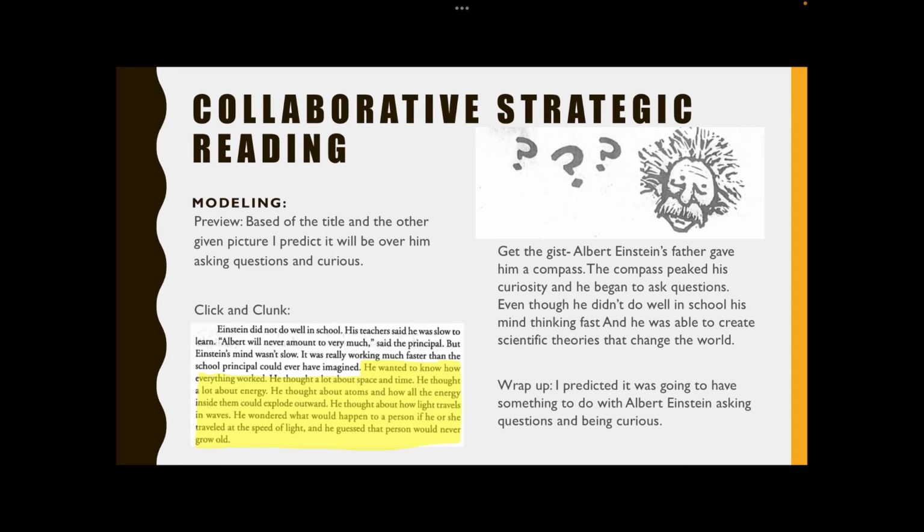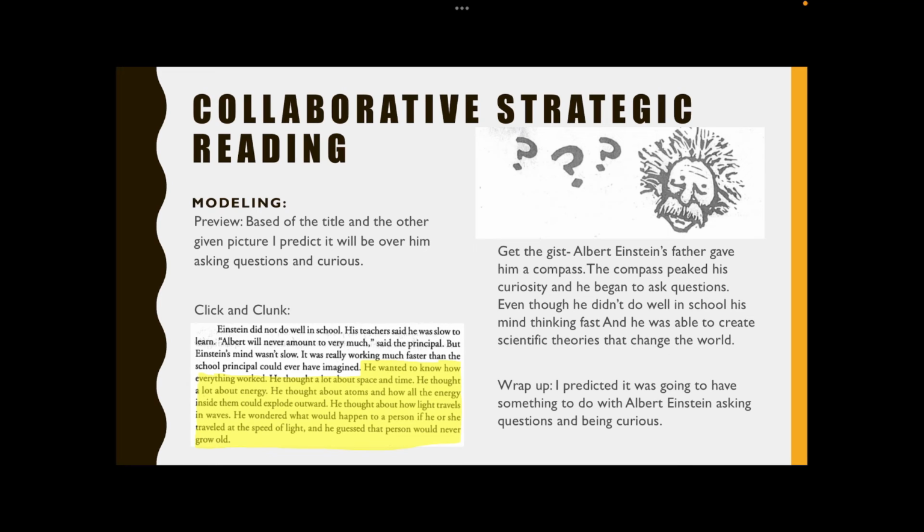From the preview of the passage, from the title and from the picture, I included the picture right here, you can tell that there's going to be some sort of question being asked, or maybe Albert Einstein is going to be curious because there are question marks right here by his head. Maybe he's thinking about something. So for my prediction, I put that based on the title and the picture given, I predict it will be over him asking questions or being curious.